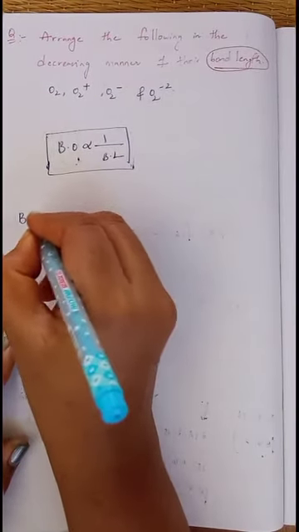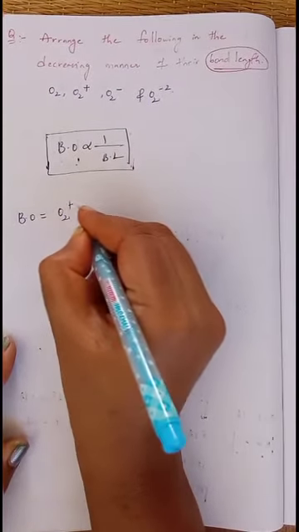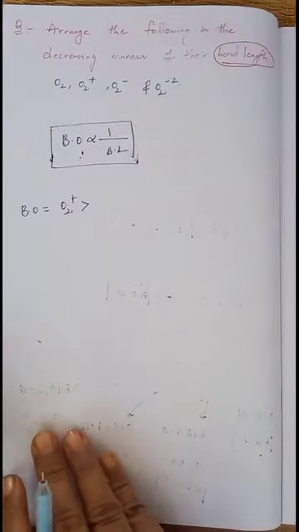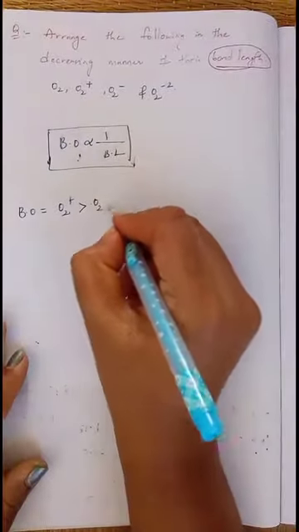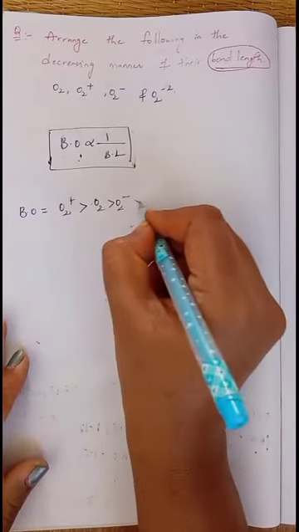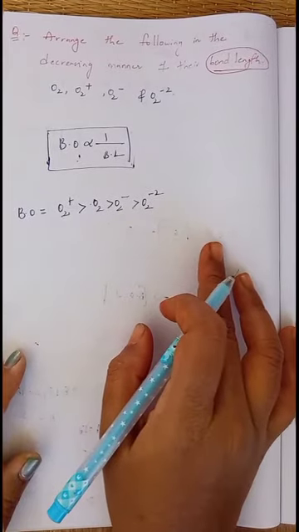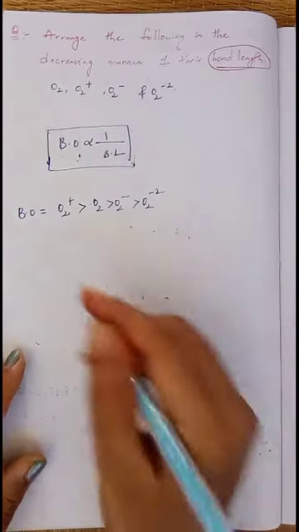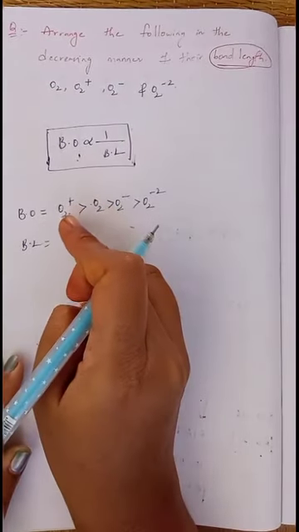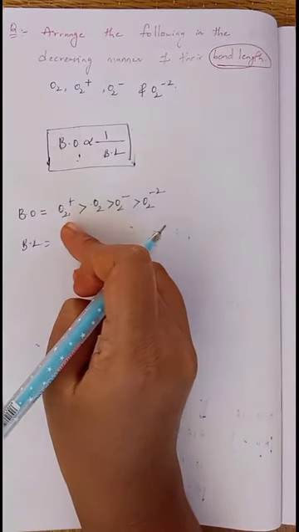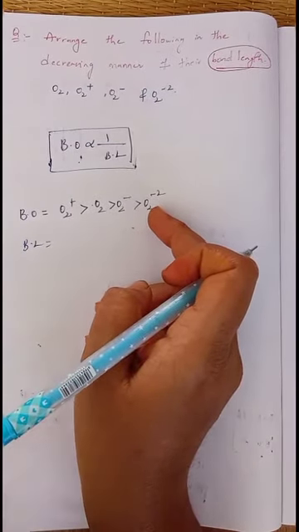The bond order we have calculated: O2 plus is very high, then O2 is greater than O2 minus, which is greater than O2 minus 2. This is the decreasing order of bond order for the given 4 molecules. Now bond length is inversely proportional, right? Whatever has the highest bond order has the least bond length, and whatever has the least bond order has the highest bond length.